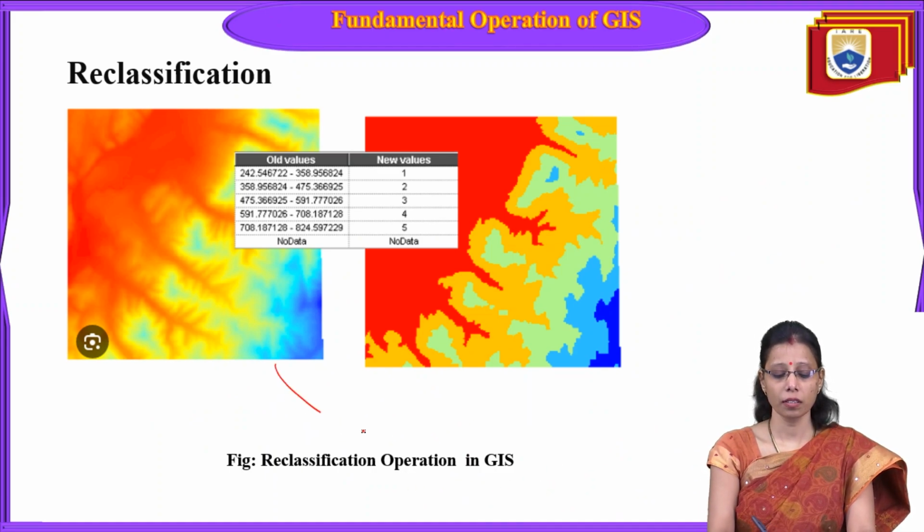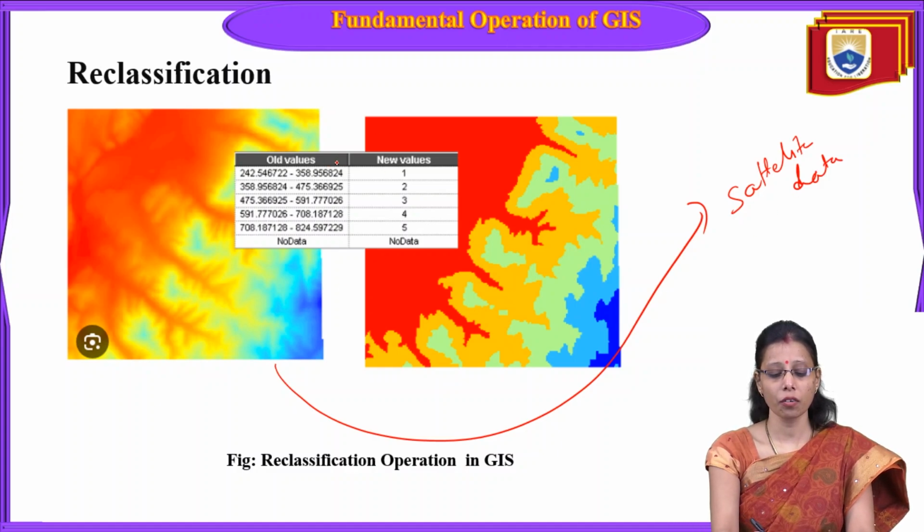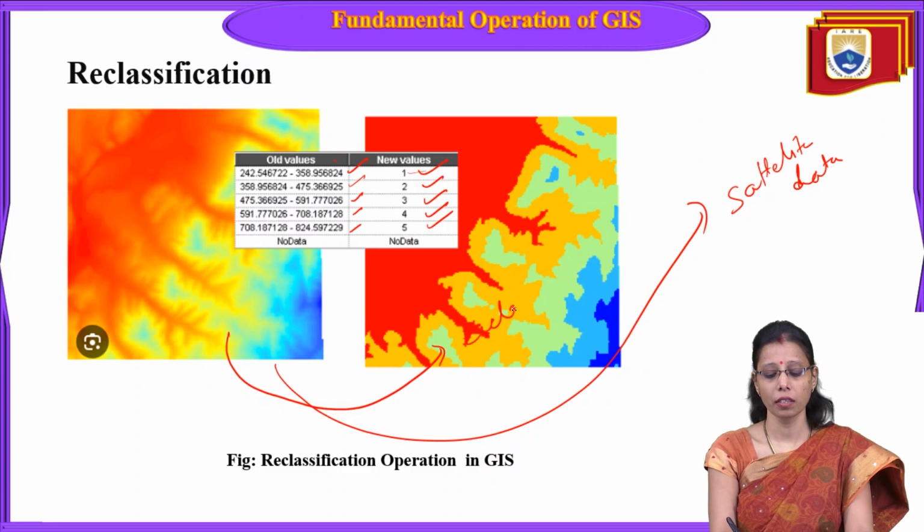This is satellite data which is reclassified here. These are the old values, you can see the values given here. After the reclassification, the values are given as 1, 2, 3, 4, 5. So we are just reclassifying this here.